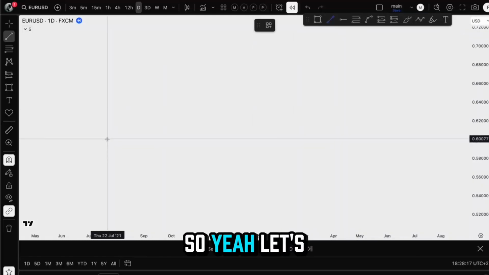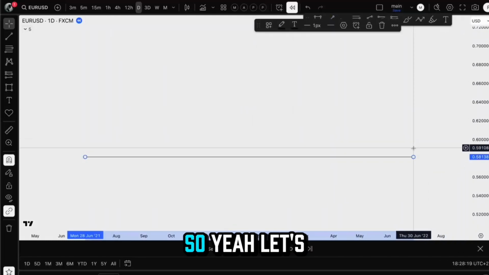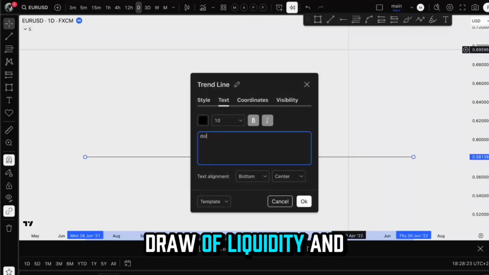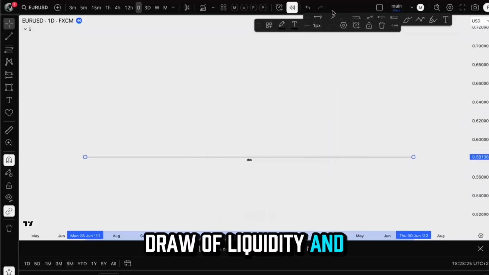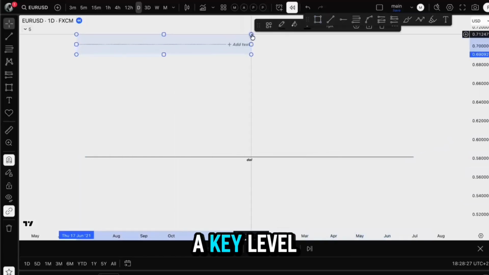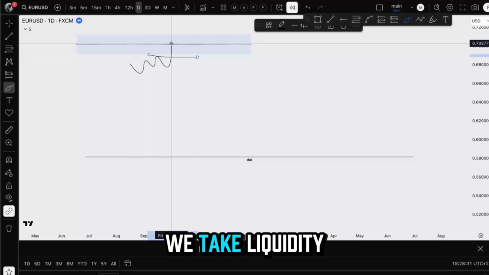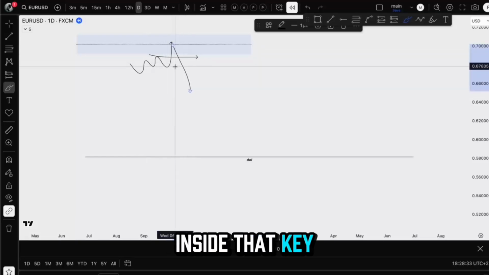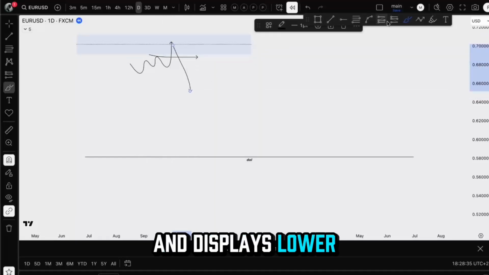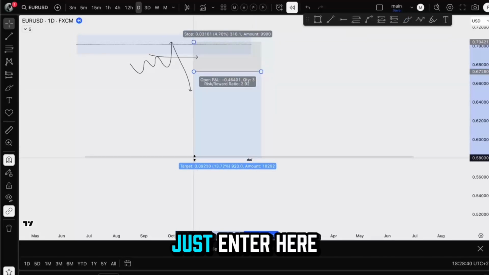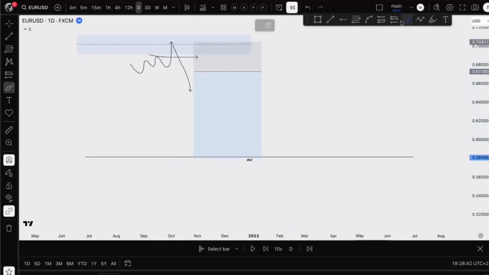So yeah, let's say this is a draw on liquidity and we have here a key level. We take liquidity inside that key level and displace lower, so we could just enter here.